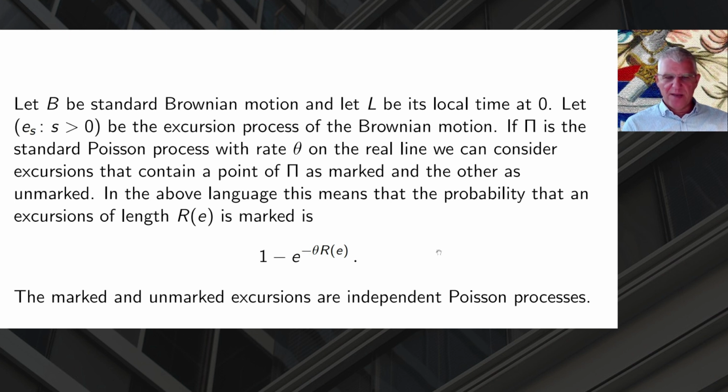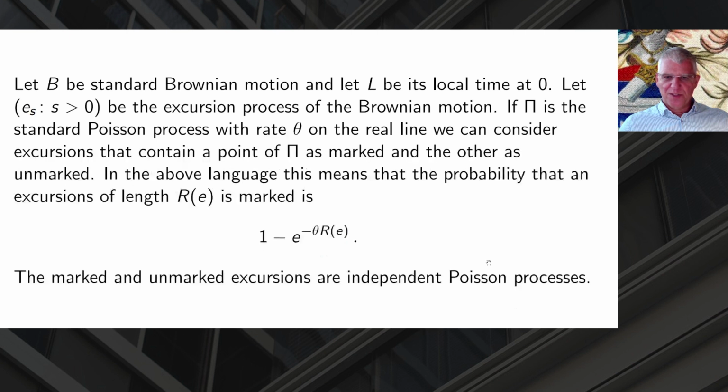And the way we label excursions, as I showed you before, is that we consider the excursions that contain a green point as marked. And because the Poisson process which we use to label the points is independent of Brownian motion, the probability that an excursion is marked depends on its length, right?